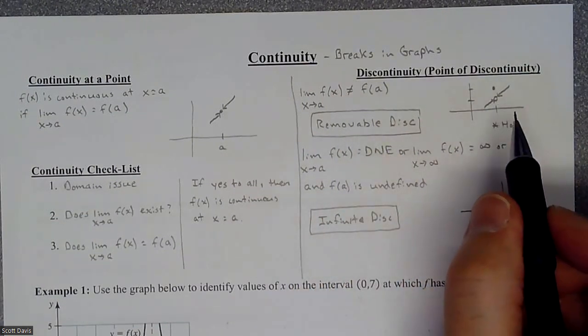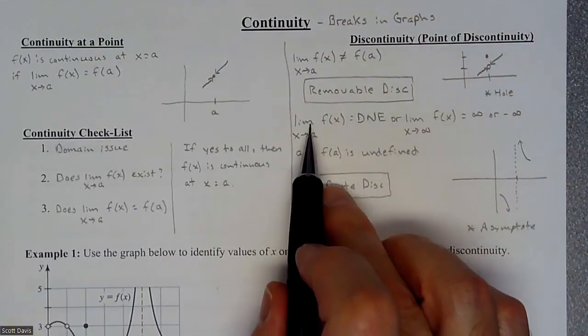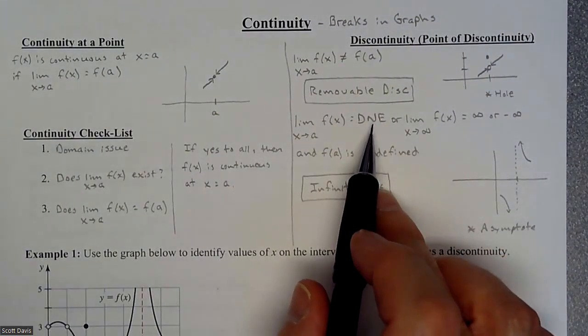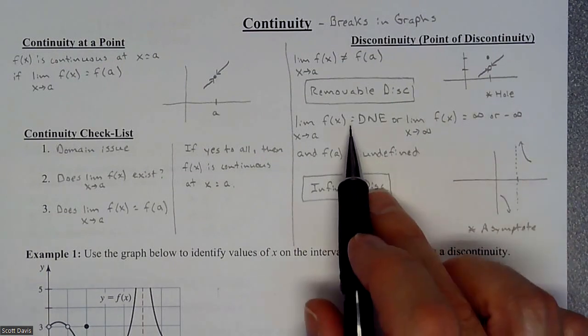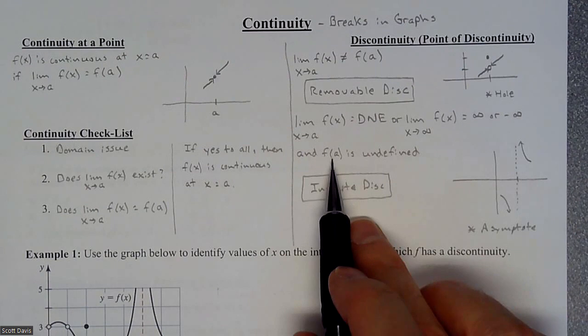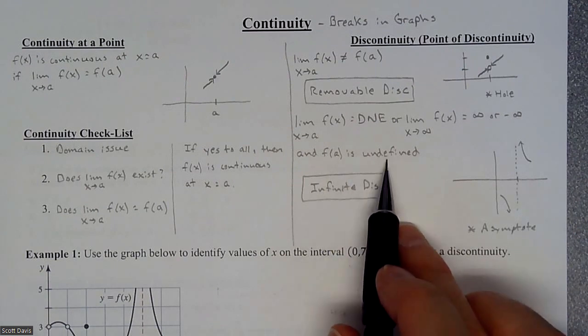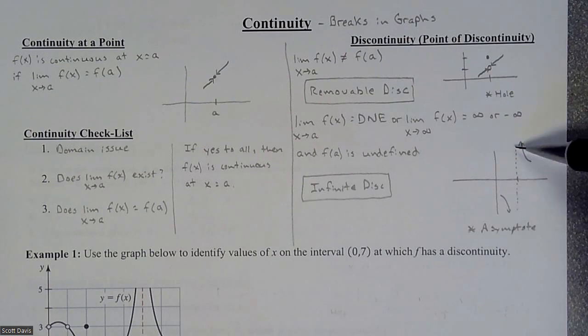It represents a hole. Your other case is when the limit does not exist, or the limit is going to infinity or negative infinity, and the value is undefined. It causes a 0 in the denominator, which creates an asymptote. The limit may not exist because you're heading in different directions, or both sides could be going up, or both going down.